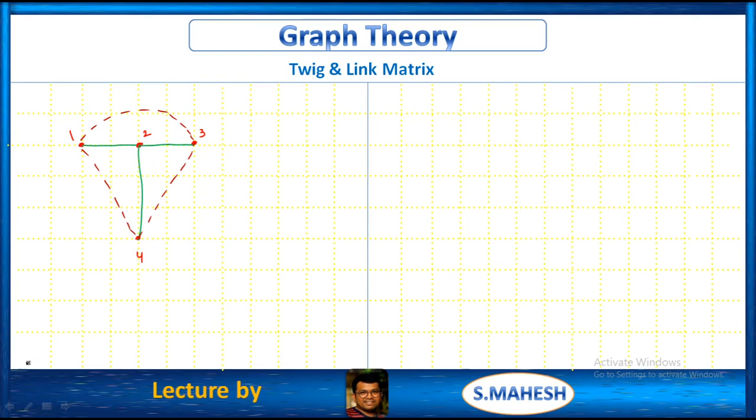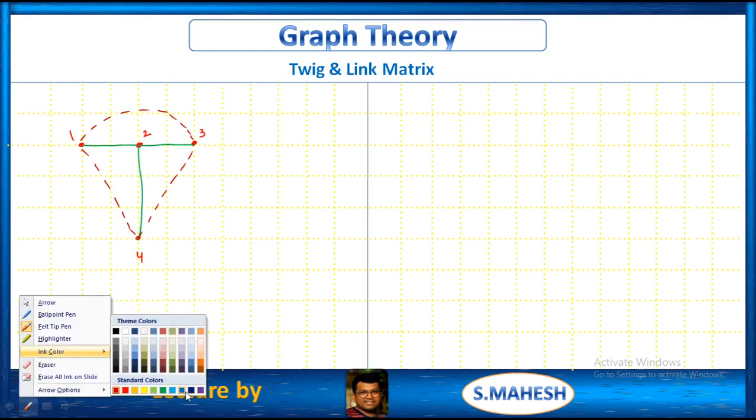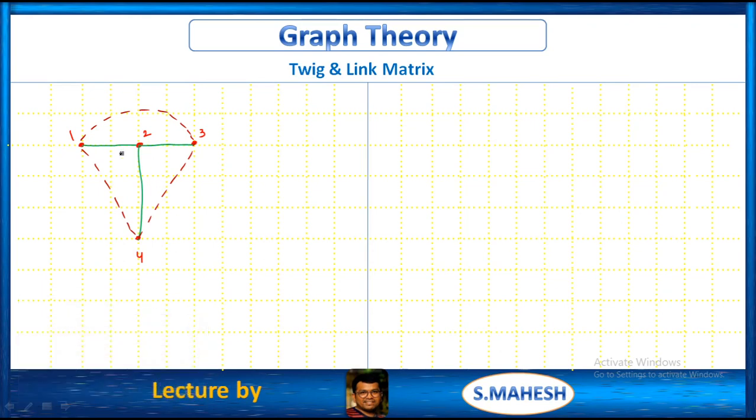Then the direction is what? This is given like this. This is like this. This is like this. And this is downwards, downwards. This is also downwards. Completed. Right? This is 1, 2, 4, 3, 5, 6. So twigs are what?